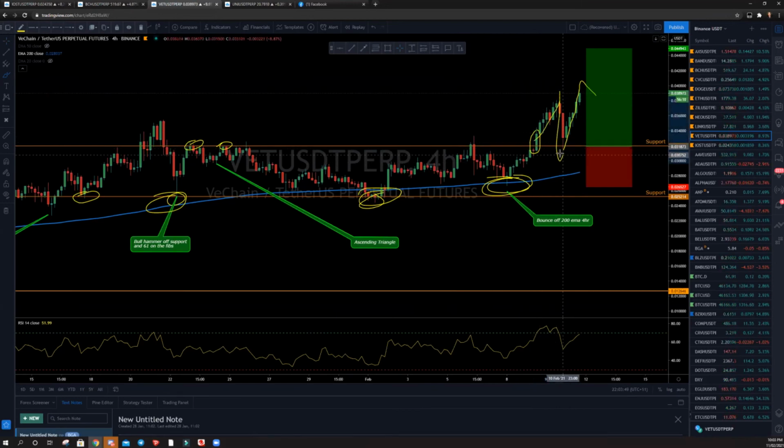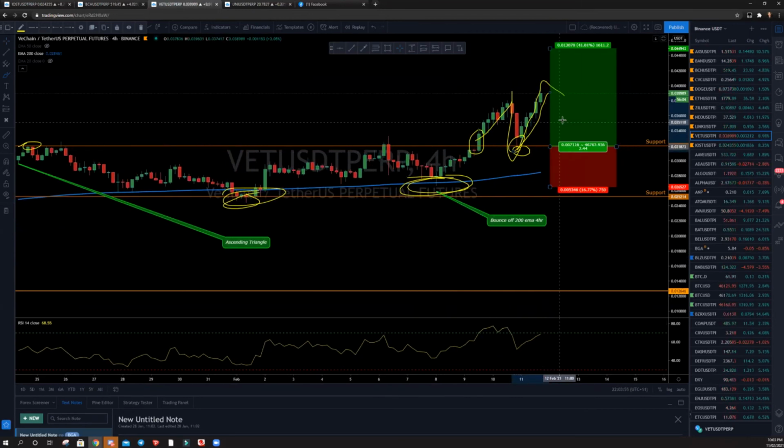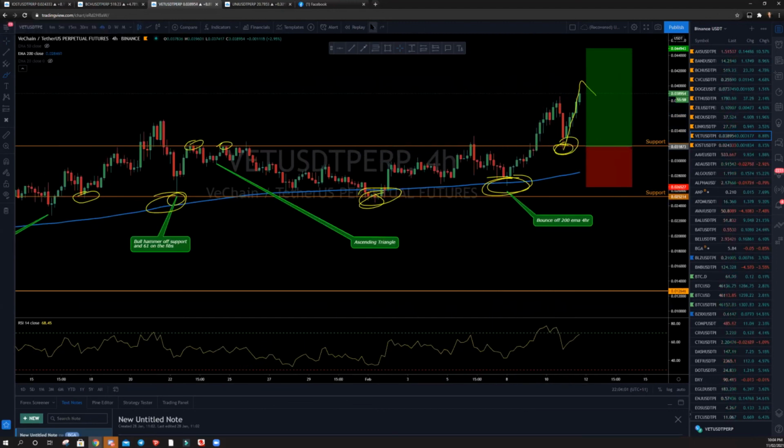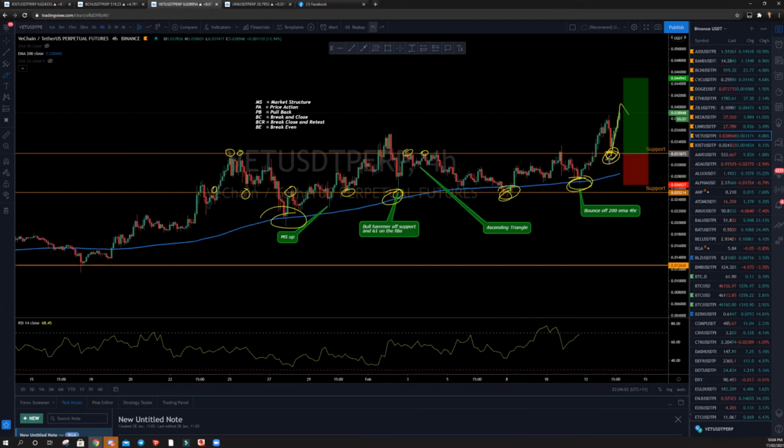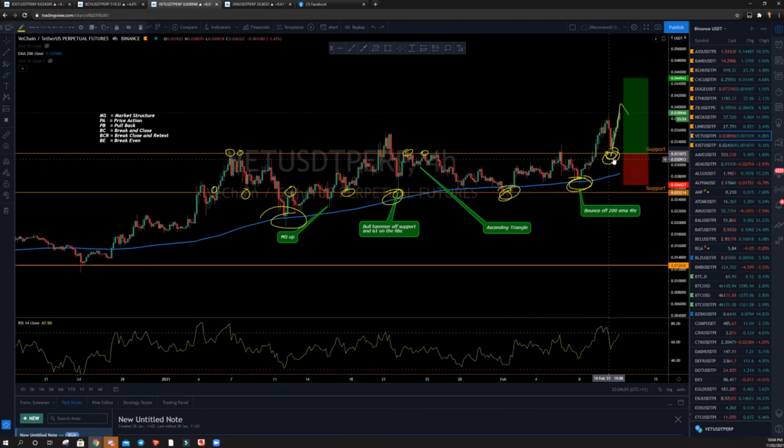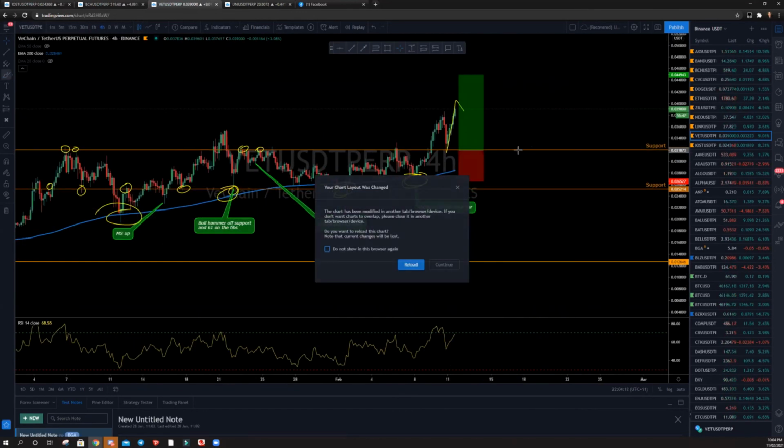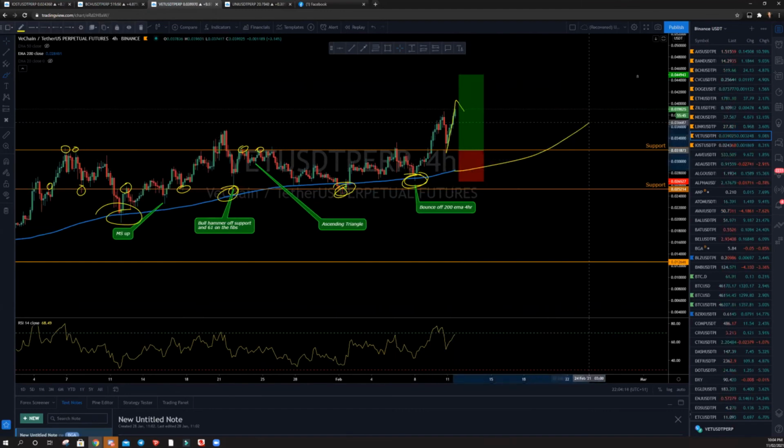Worked its way up, came back down, retested, and boom, she's up again. It's not waiting around. For me, VET's probably going to be another couple of weeks, might be a week or so before I get out of this one as well.